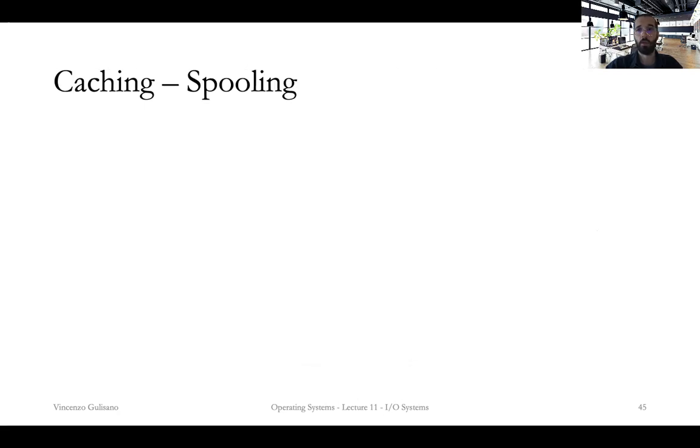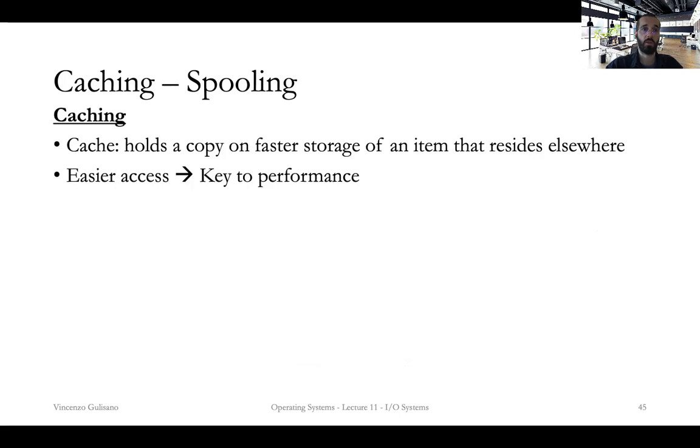And there is a second mechanism used by the kernel, which is caching, and that is similar to what we discussed when we were discussing caches at the hardware level for the memories. Copies are kept by the operating system in memory, so that if you try to access that thing again in the immediate future, you already have it in memory.